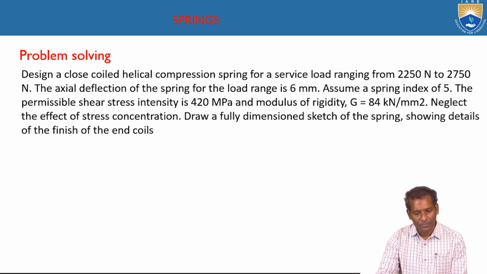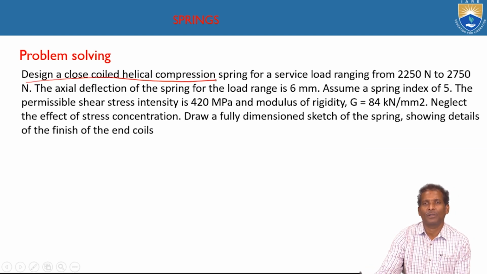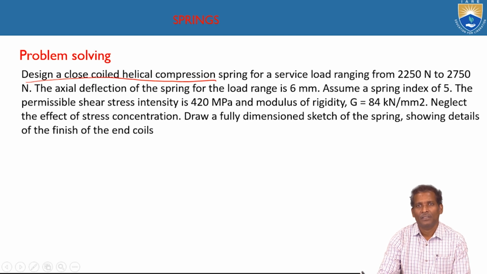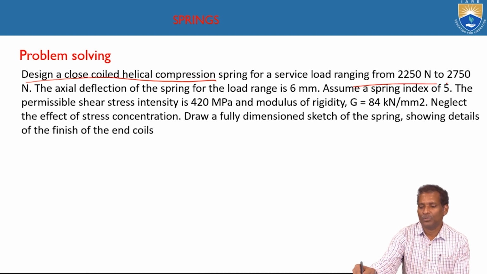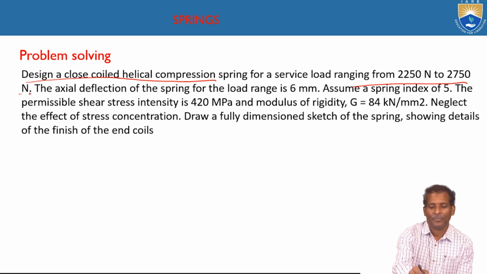So next problem: design a closed coil helical compression spring. This one is also a helical compression spring, but the given type is close coiled, for a service load ranging from 2250 newtons to 2750 newtons.